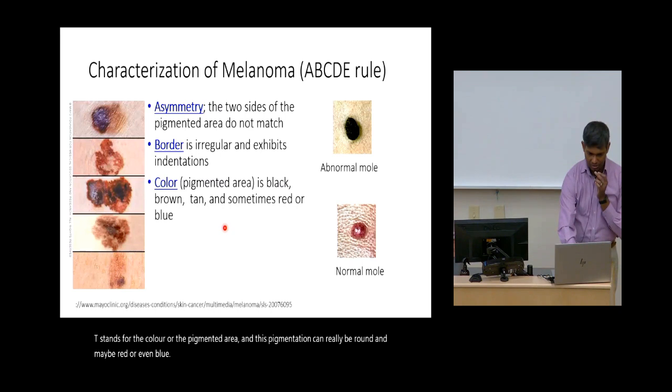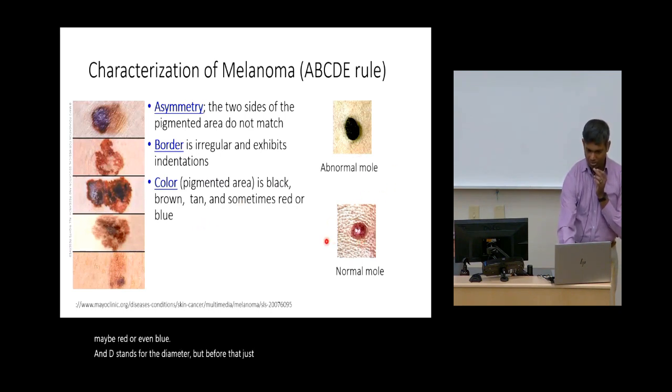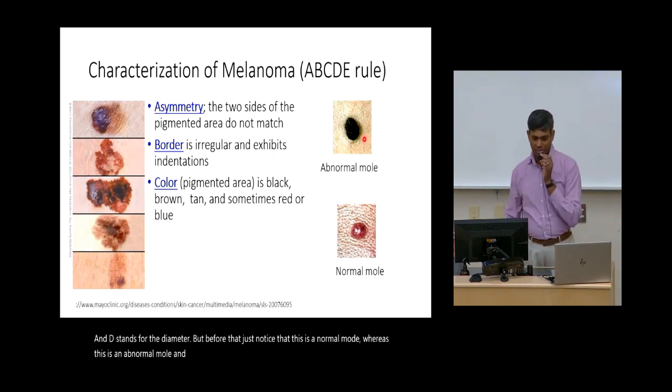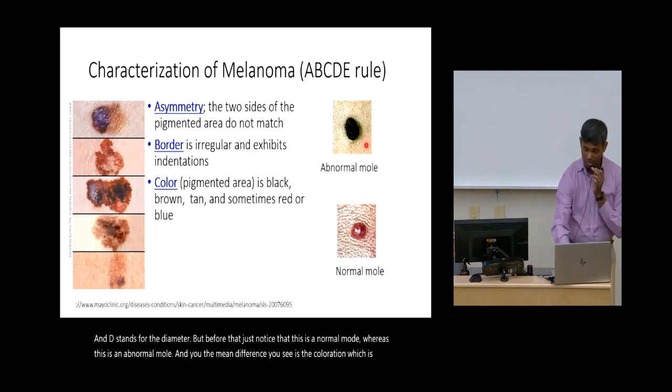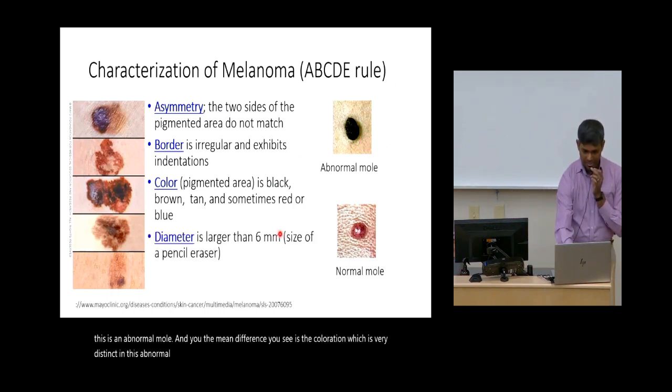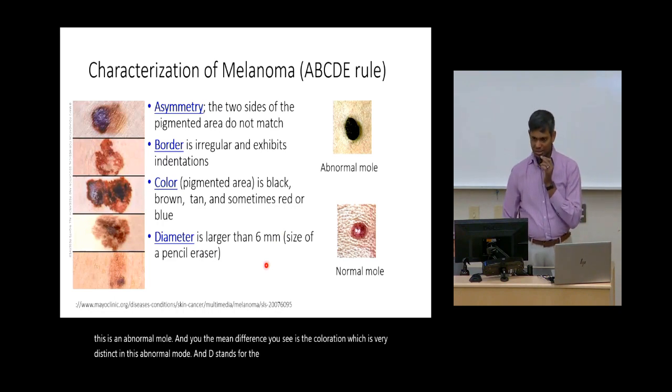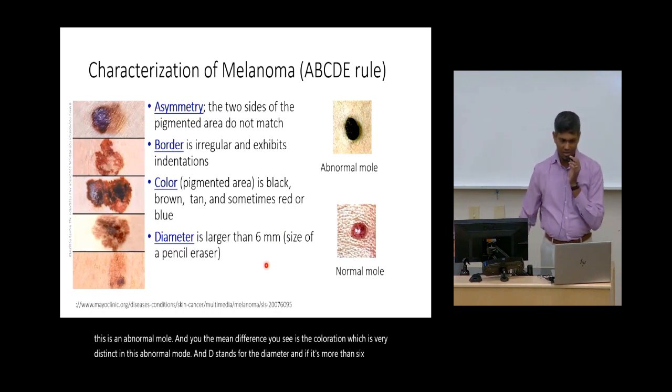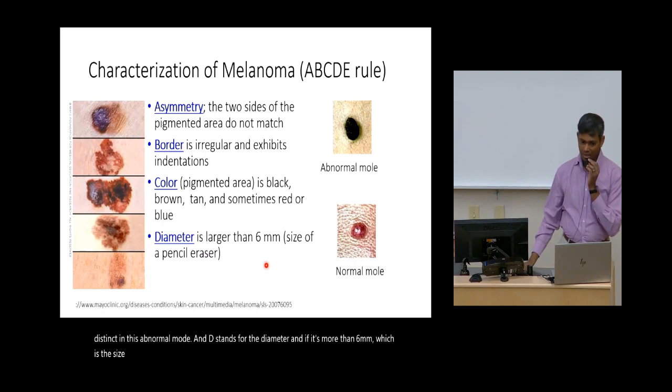And D stands for the diameter, but before that, just notice that this is a normal mole, whereas this is an abnormal mole, and the main difference you see is the coloration, which is very distinct in this abnormal mole. And D stands for the diameter, and if it's more than 6 millimeters, which is the size of a pencil eraser, that can indicate it may be melanoma.